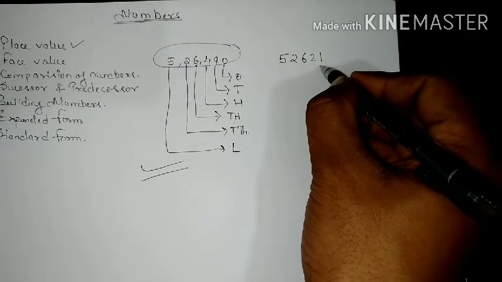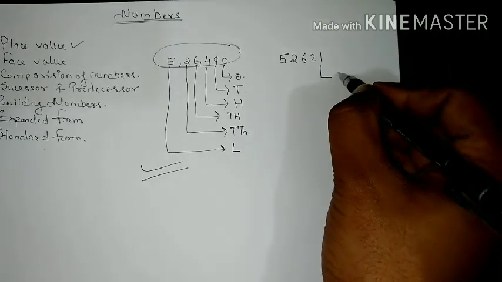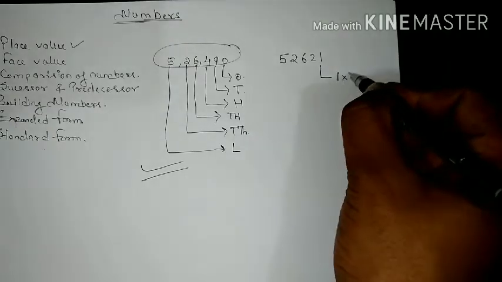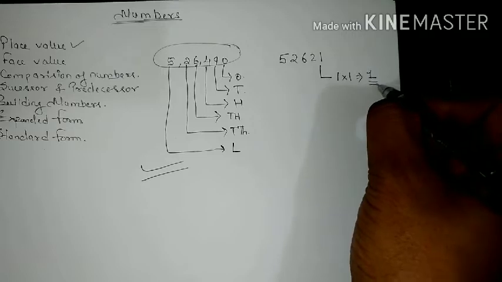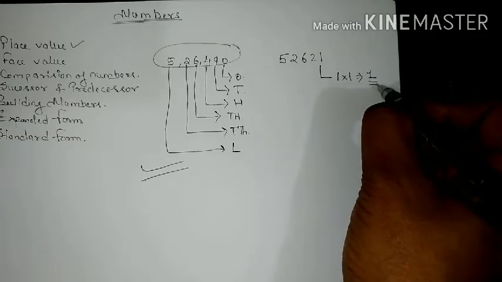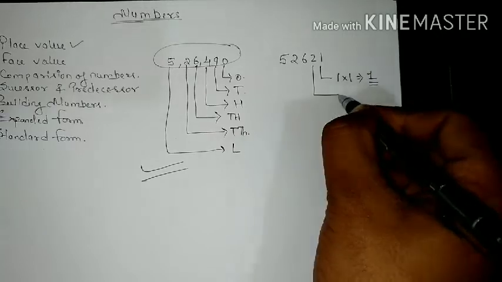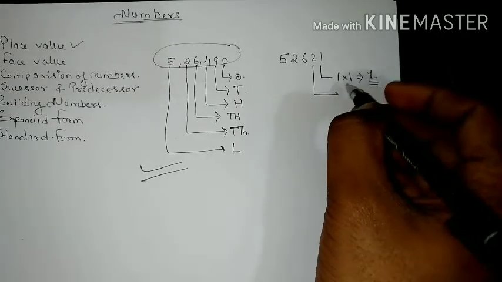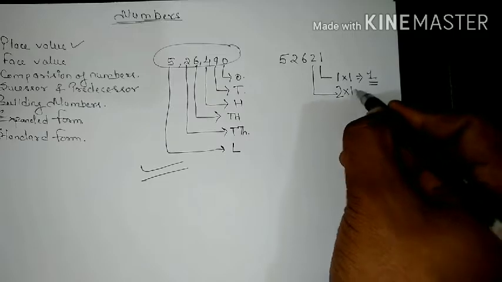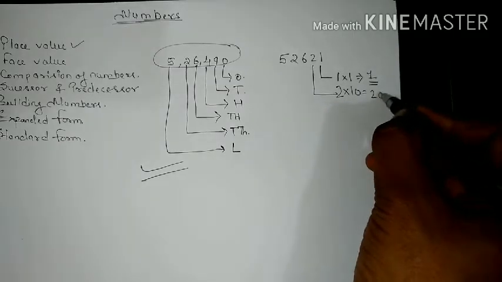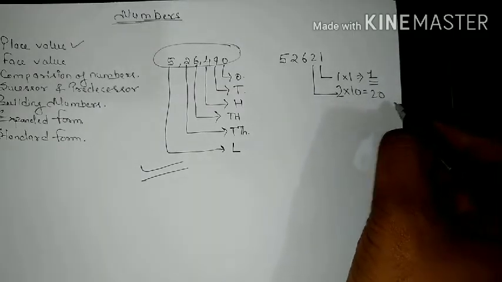As I had told you, this is at 1's place. So 1 into 1 equals 1. So the place value of this particular one will be 1 only. For this 2, it is at the 10's place. So 2 into 10, the place value of this will be 20.